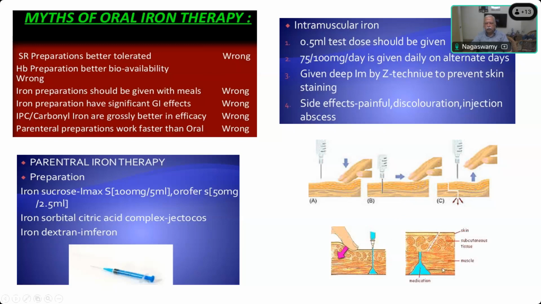So it should be injected into the muscle. Iron preparation should not be injected subcutaneously. So you must have a long needle and go through the subcutaneous tissue into the muscle and only then inject it, pulling the skin and subcutaneous tissue like this, so that you can see this white line, which is the track of the needle. That should move away so that the drug does not leak out.